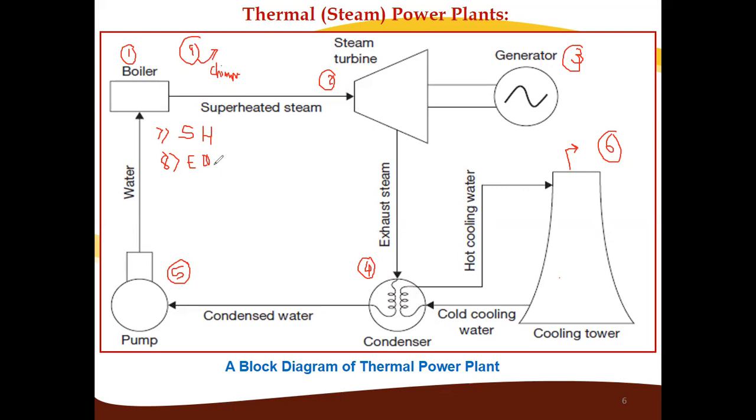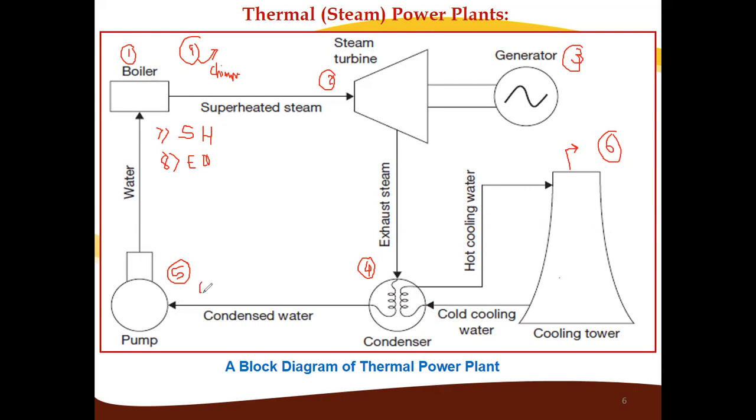Now, how the working of this thermal power plant or steam power plant is done, we will see. And then we will see the different parts of this thermal power plant, and the function of each part.